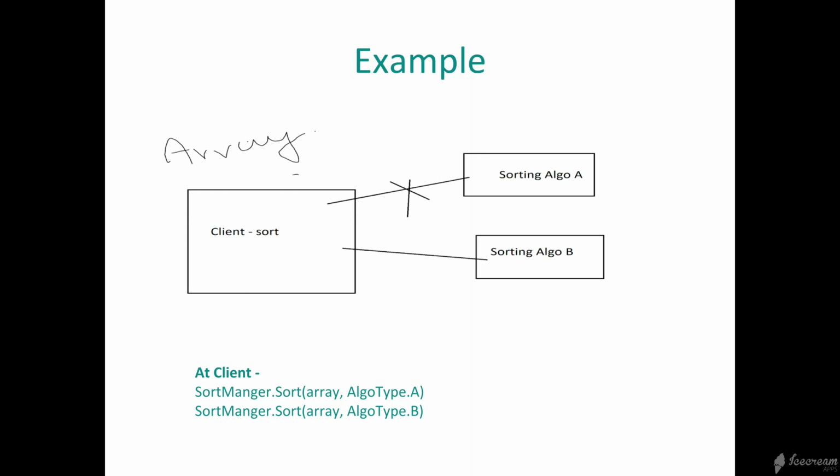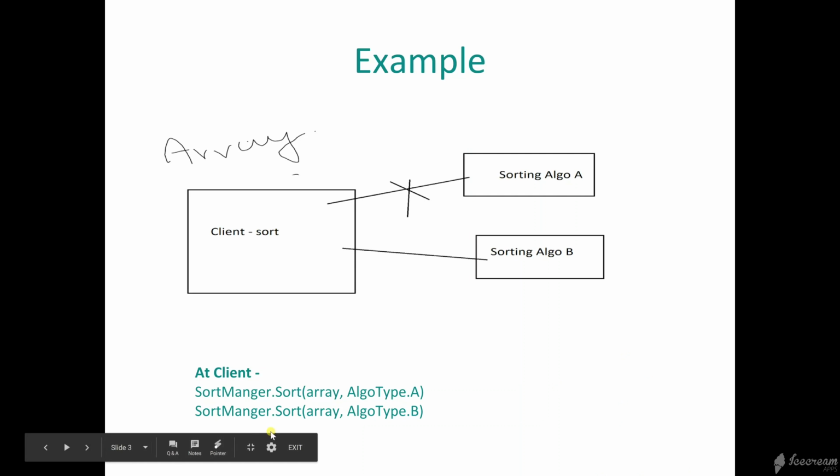So here in this example, we use a strategy pattern. And when we use a strategy pattern, our algorithm is hidden from the client. And the client will use something very generalized like sort manager dot sort.